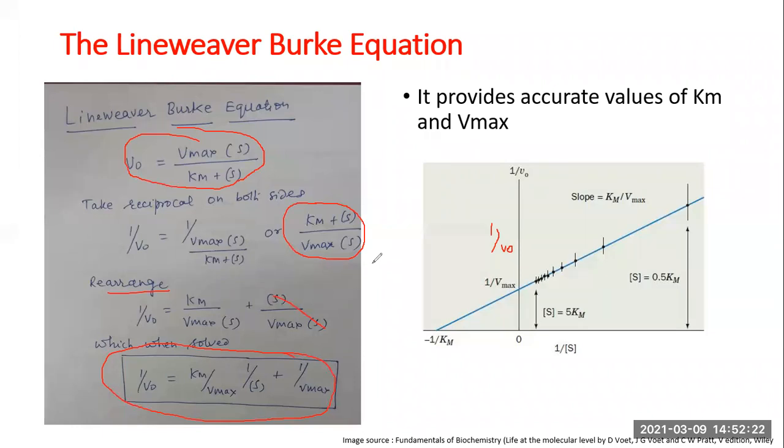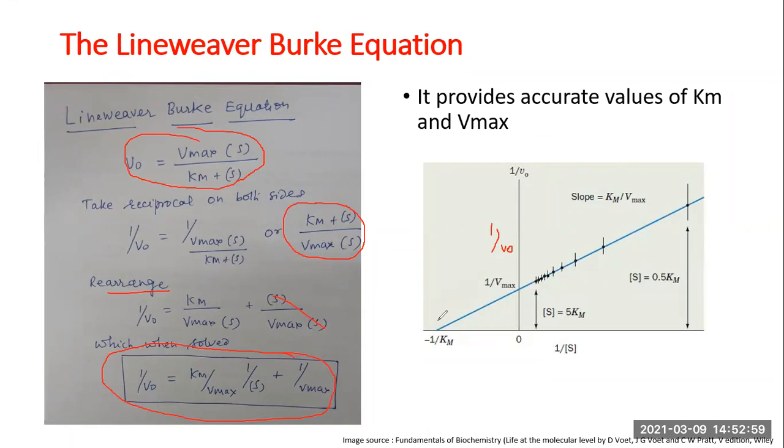Because the value of Vmax is approximate, the value of Km obtained by the direct plot is also approximate. For getting the correct values of Km and Vmax, this Lineweaver-Burk plot is very helpful. It is also called the double reciprocal plot. Double reciprocal means you are taking the reciprocal of V0, the initial velocity, and the reciprocal of substrate concentration.